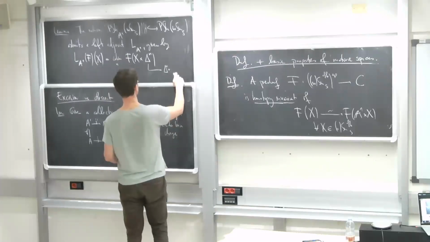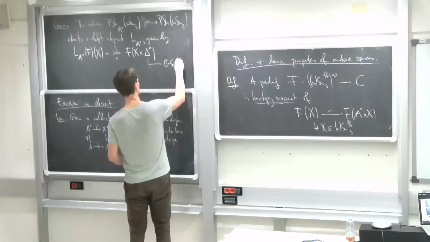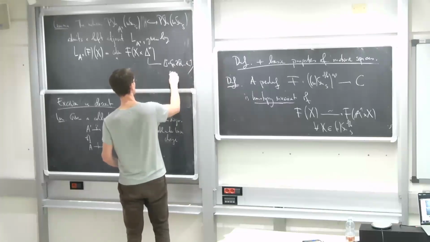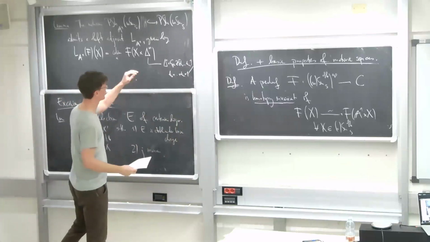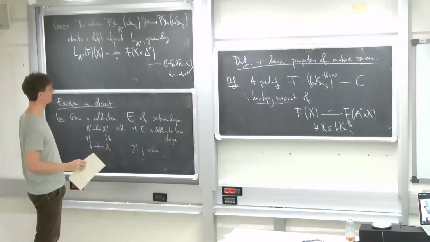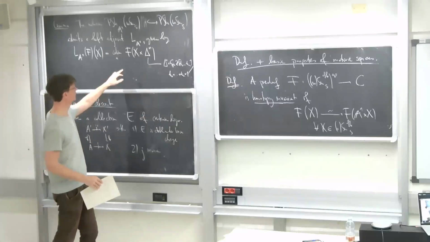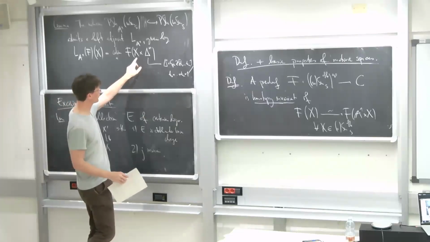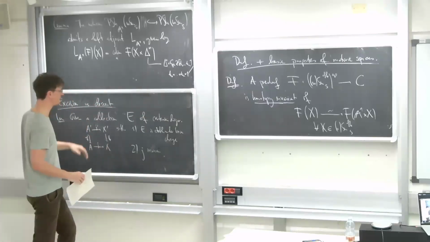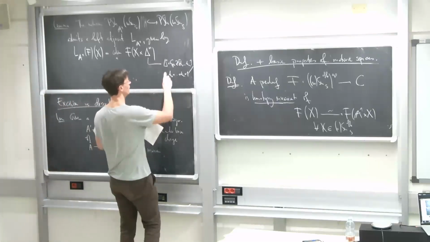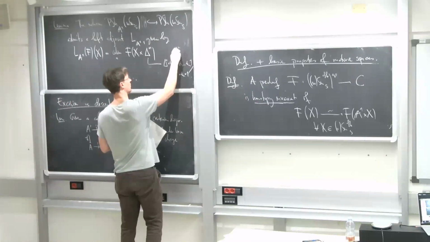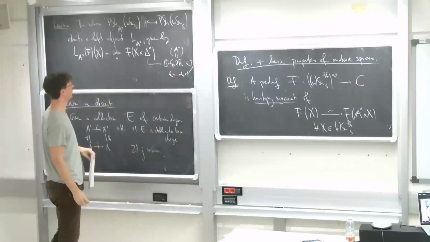It's Spec of Z adjoin T0 up to Tn, modulo T0 plus and so on, Tn equal to 1. This forms a simplicial scheme using all these inclusions, very much like in algebraic topology. And so you can evaluate your presheaf not just on X itself, but rather on all these simplices, which are abstractly isomorphic to A^n. And this is what you get.